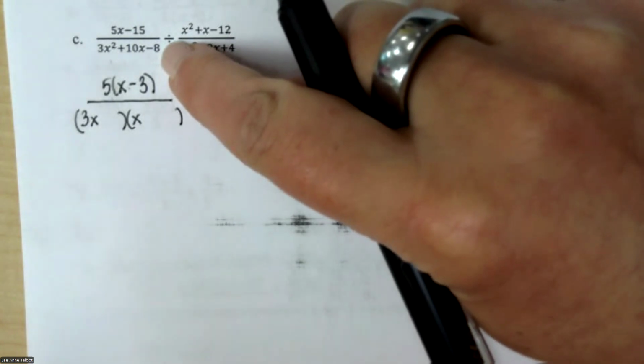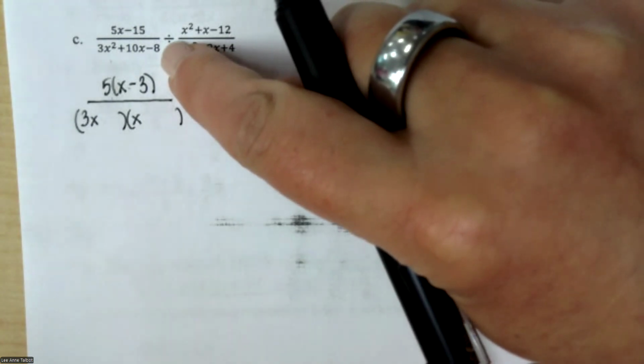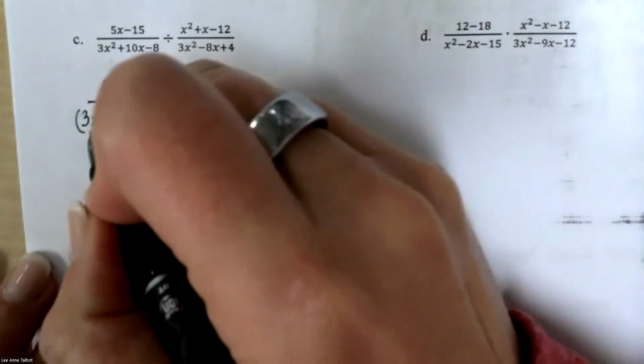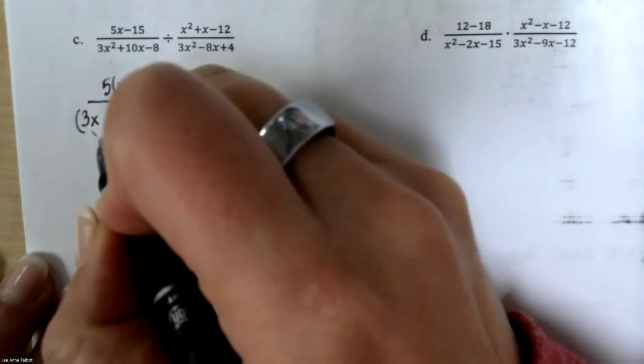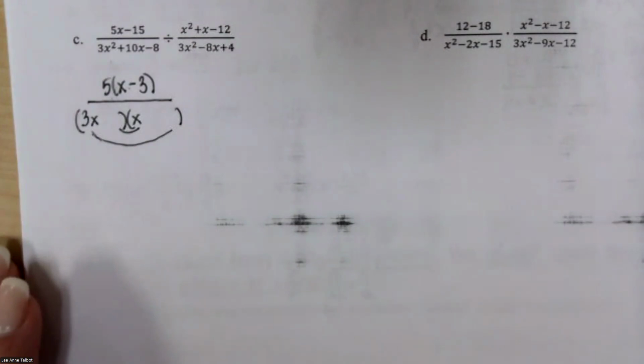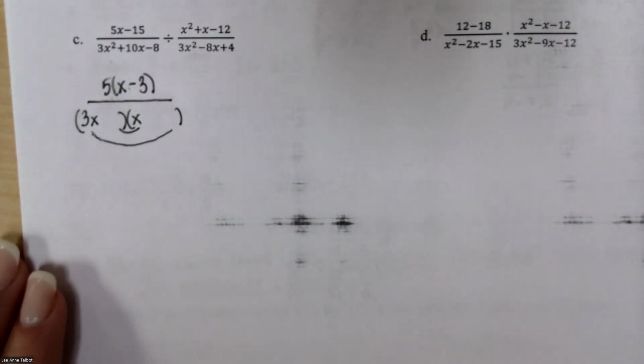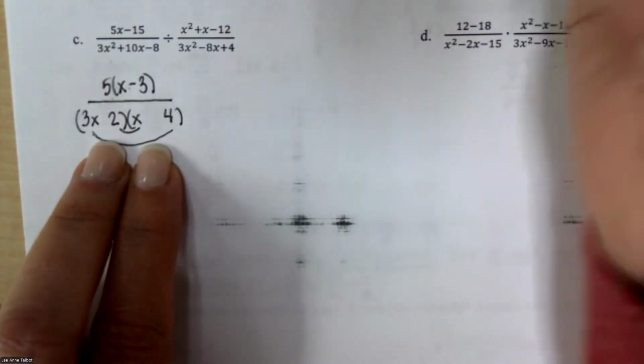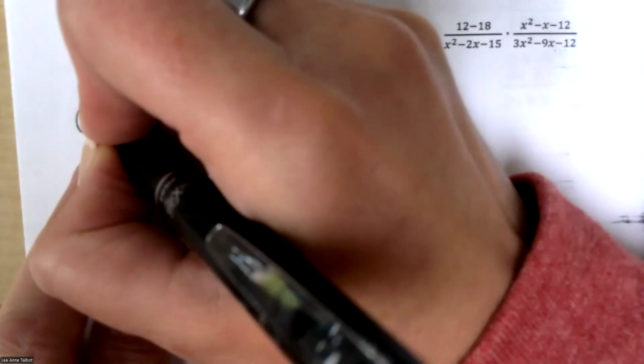I have 4 and 2 and 8 and 1. But what I need to do is make sure that this and this add to be +10. Okay, so what would that be? That would be 4 and 2. And that would be +12 and -2. +12 and -2 make +10.